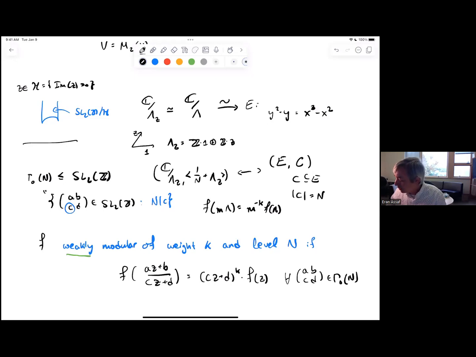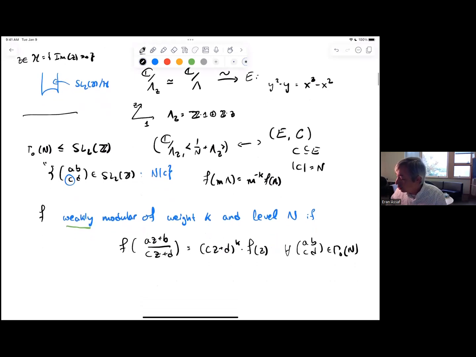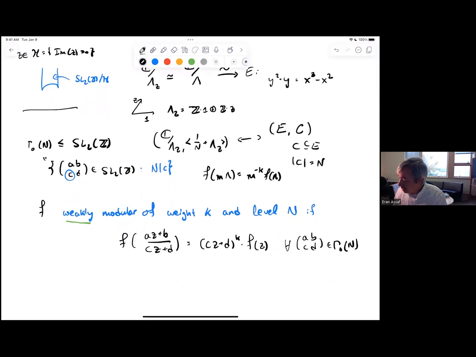And maybe a nice way to see that is that the matrix 1, 1, 0, 1, which lies in this group inside SL2Z, acts through Z goes to Z plus 1, which tells us that all weakly modular forms are actually Z periodic. So they have a Fourier expansion.